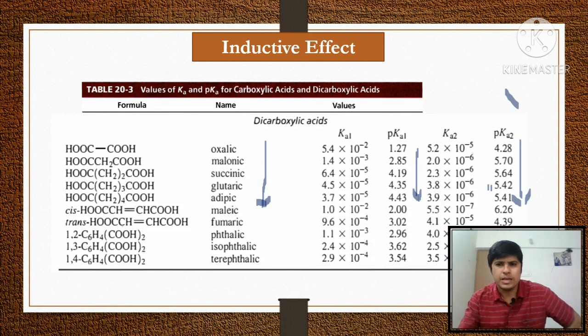So pK2 does not have a good relation with the dissociation constant, but pK1 has a good relation with the distance between the carboxylic groups: as the distance increases, the acidity decreases. So this is about the acidity of carboxylic acids.